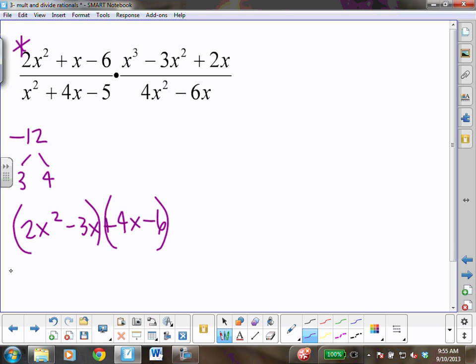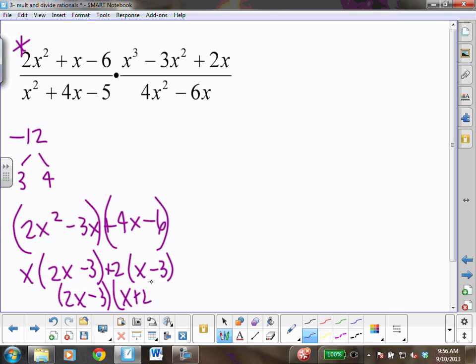And then factor by grouping. The first group, I can pull out an x, and I'm left with 2x minus 3. The second group, I can pull out a positive 2, and I'm left with 2x minus 3 again. So the two factors on the top of this fraction are 2x minus 3 and x plus 2.